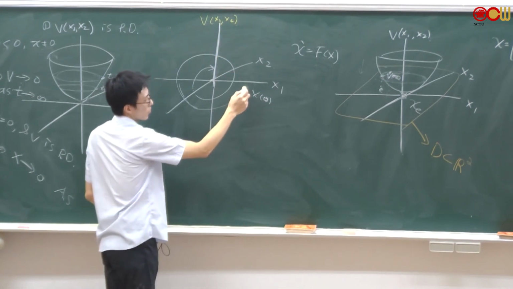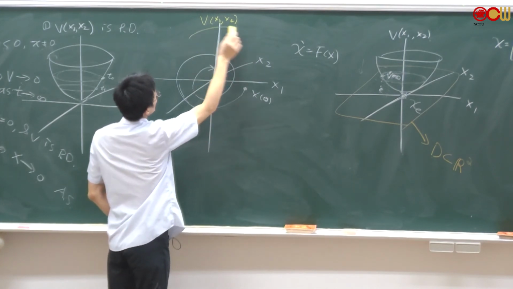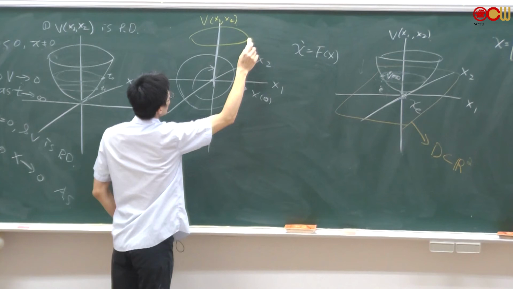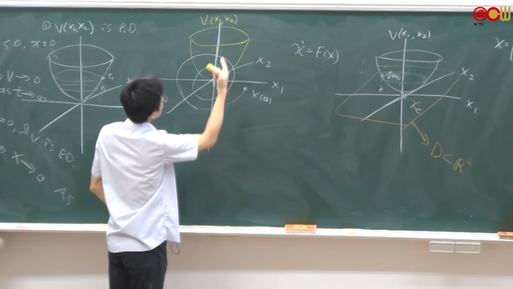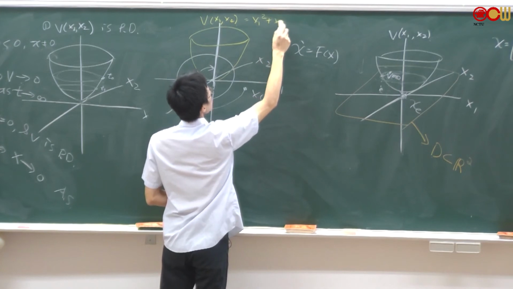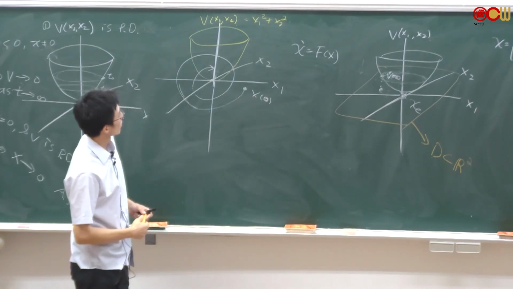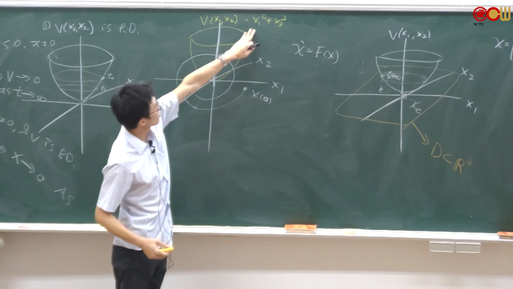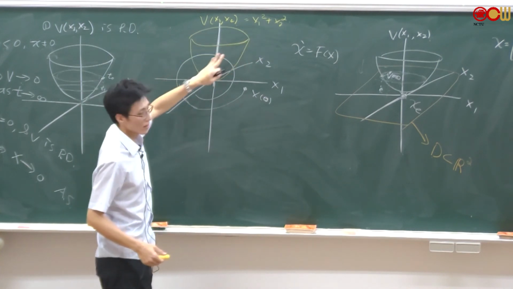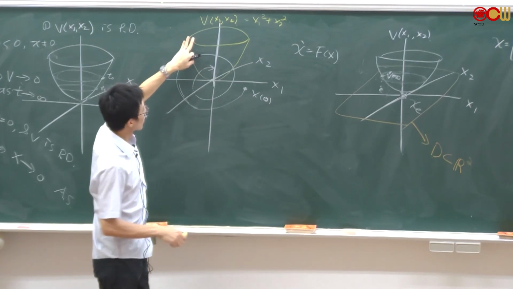And each point on the x1, x2 plane has a mapping, right? If you define this function, you can choose the function. For example, x1 squared plus x2 squared, or whatever is positive definite, right? But in this example, for x1 squared plus x2 squared, it's this kind of shape. So everything in yellow is virtual.